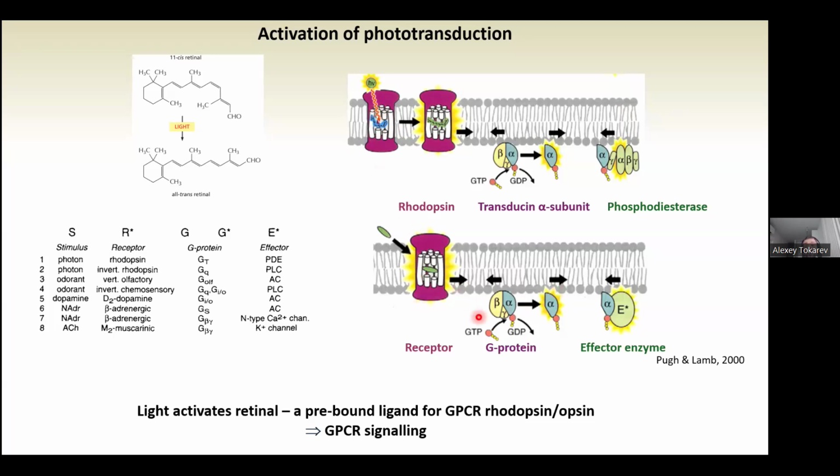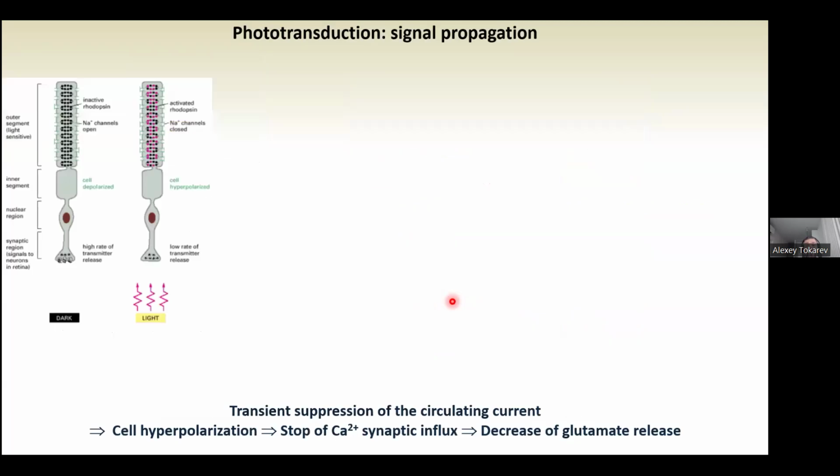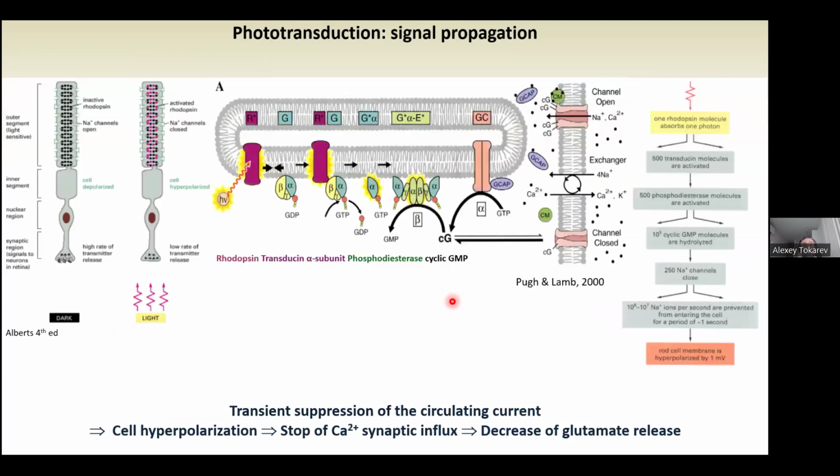So here there is a general scheme of G protein function. This is the first step of phototransduction, and I will briefly show you the propagation step.